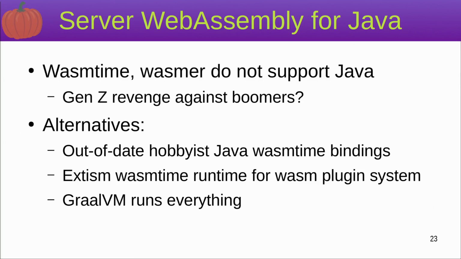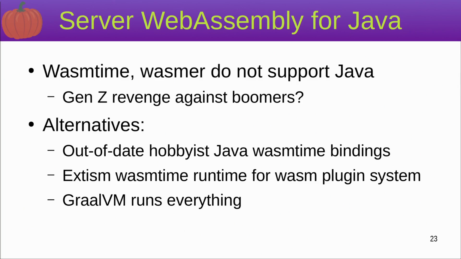OK, so let's say you want to run WebAssembly on the server, and you want to do it with Java. The first issue you encounter is that the main server runtimes for WebAssembly don't support Java. It's not really clear why. Like, they support things like Go and C# and Python.